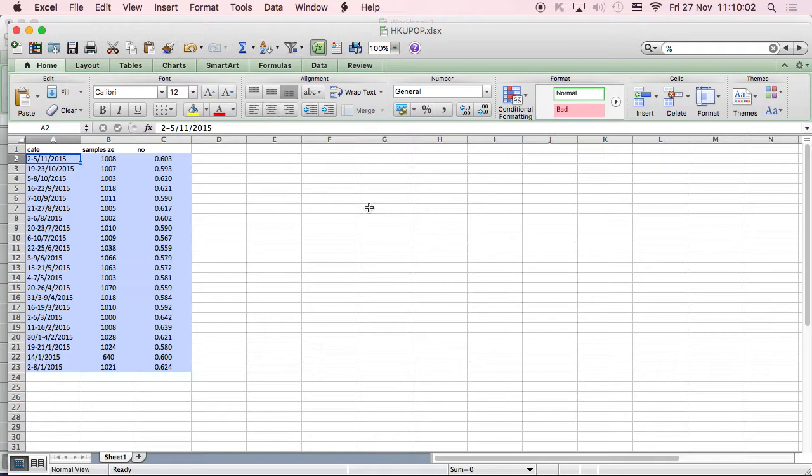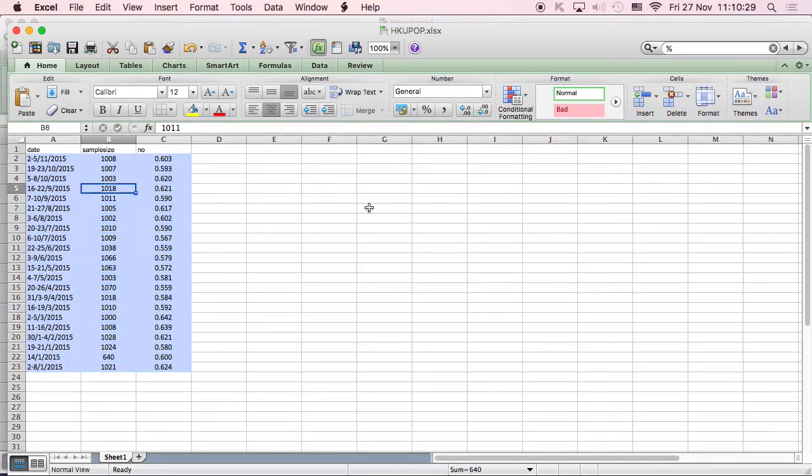Now you have the sample size and also the proportion of respondents saying no in a nicely formatted way. Now we need to calculate the 95% confidence intervals for all of these surveys.